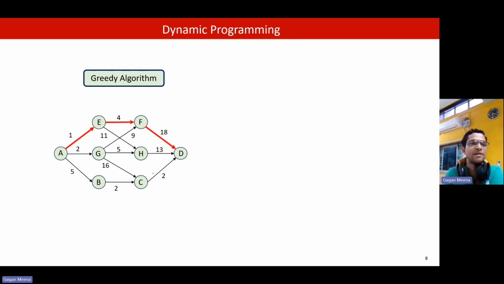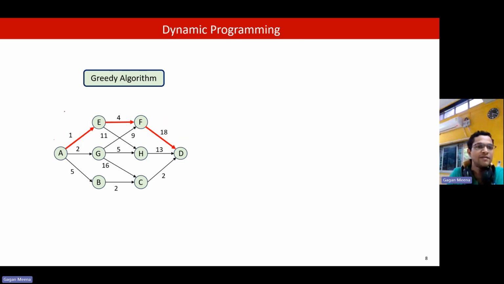This is a simple example, if we compare the two types of algorithm. One is a greedy algorithm, which at each step tries to maximize and looks for the immediate benefit. On the other hand, dynamic programming will look for the overall benefit.